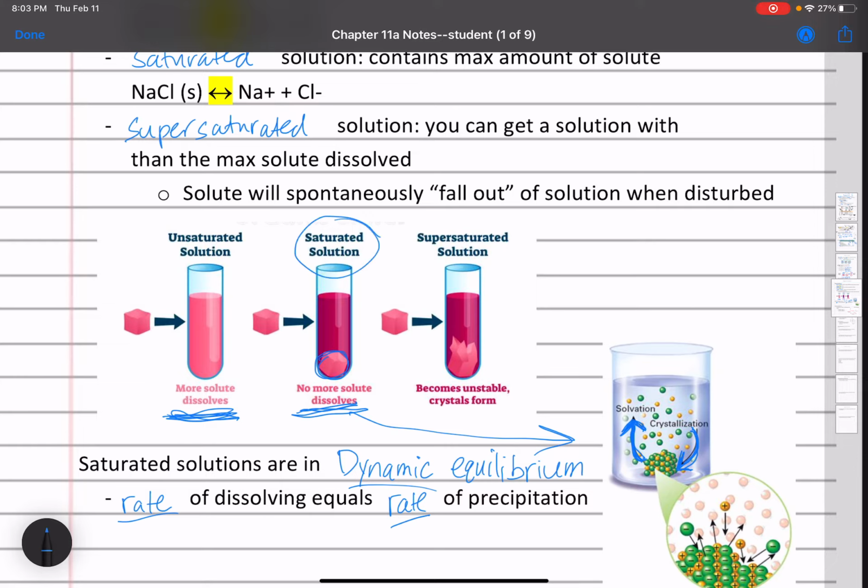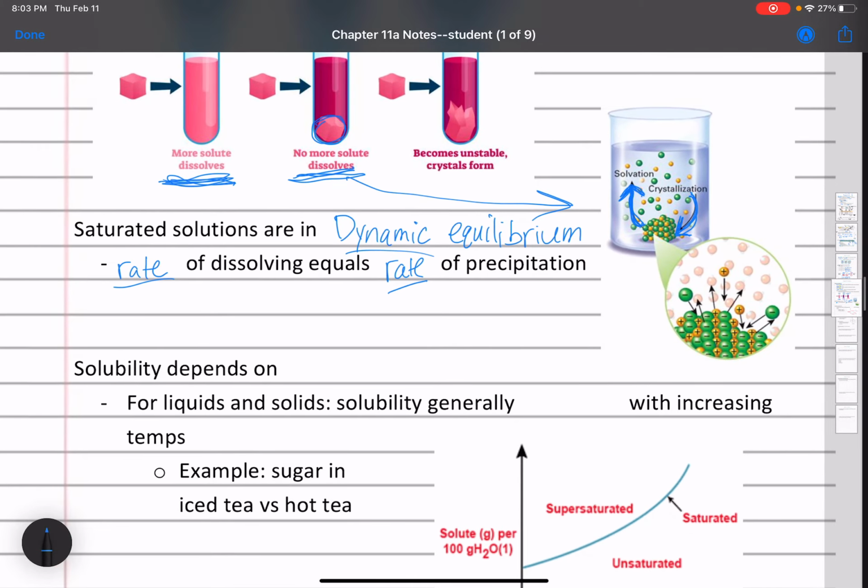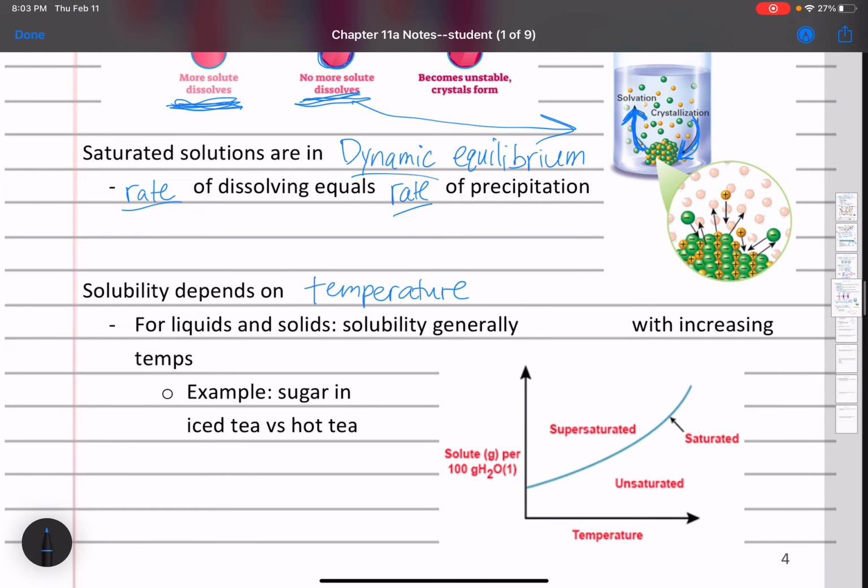Now, a supersaturated solution is kind of fun. So you can make a supersaturated solution usually by heating the solvent. So I'll show you down here. Solubility does depend on temperature. All right. For liquids and solid solutes like sugar and salt, solubility as a rule generally increases as we increase the temperature.